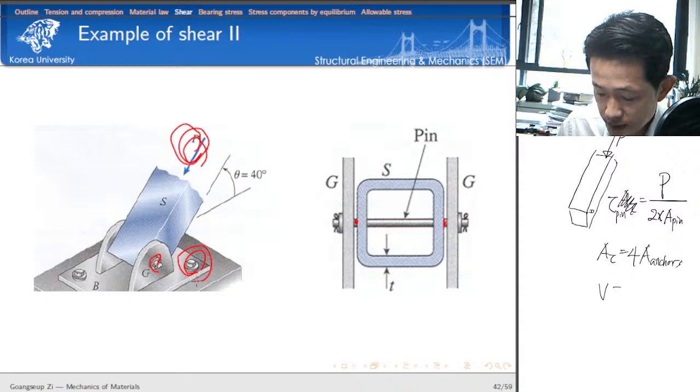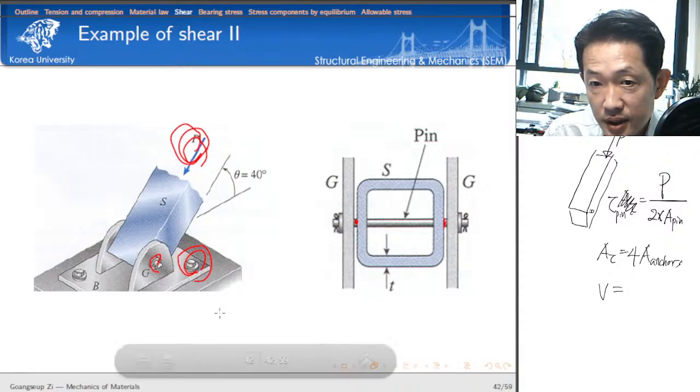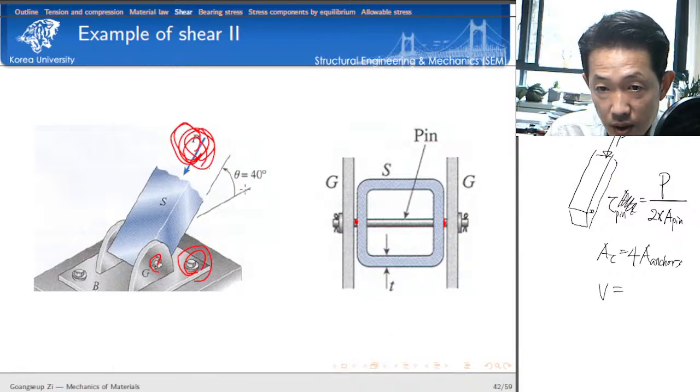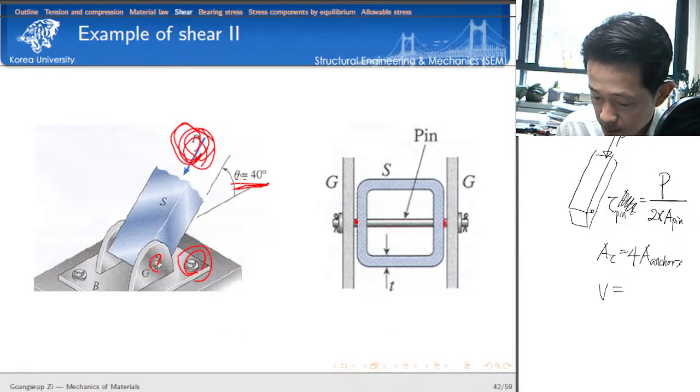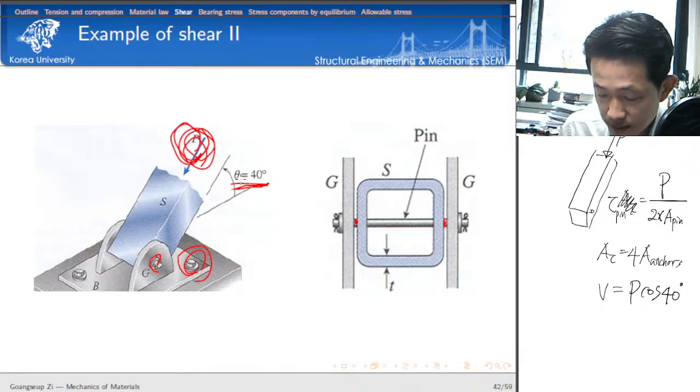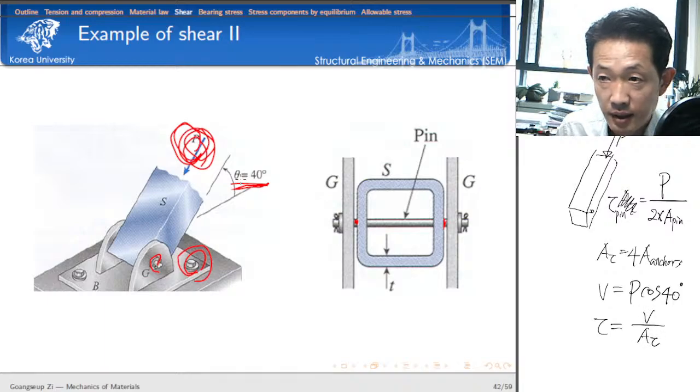We need to consider the tangential force components. So P times cosine 40, right? Then we can calculate the shear stress of the anchor bolt: tau of the anchor bolt is V divided by the shear area of the anchor bolt.